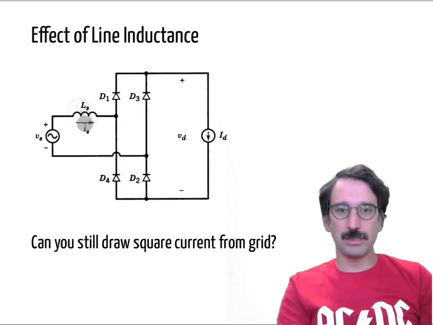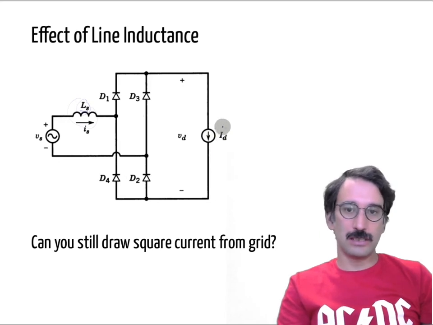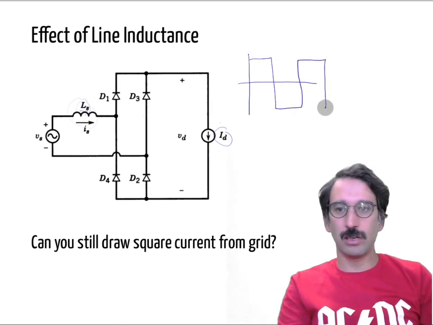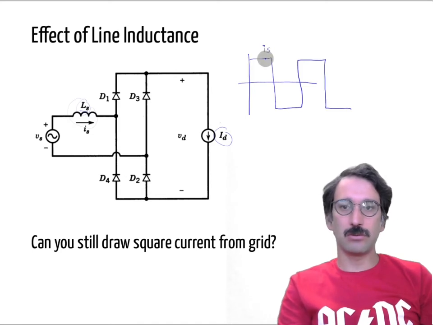So the problem is, once we have not the ideal voltage source but one connected through an inductance, in this case you still have the ideal current source here, and if you remember from the previous lecture, the source current will be a square waveform. So IS should be like a square waveform.